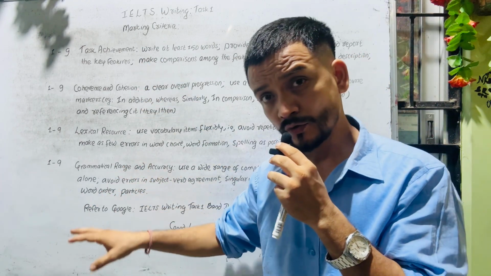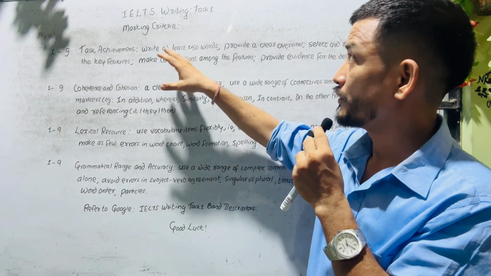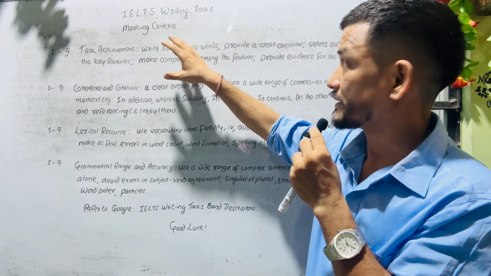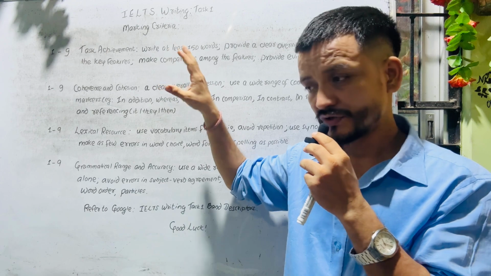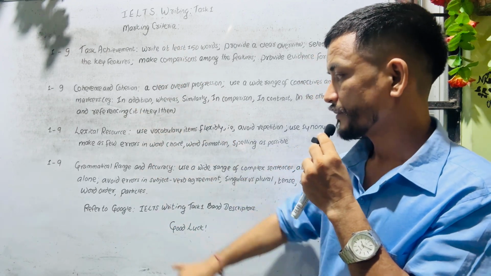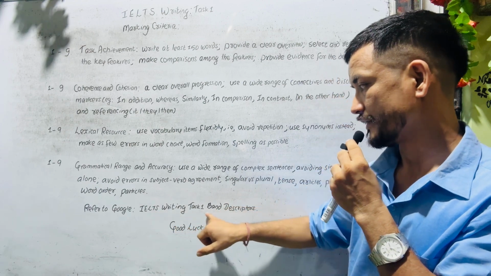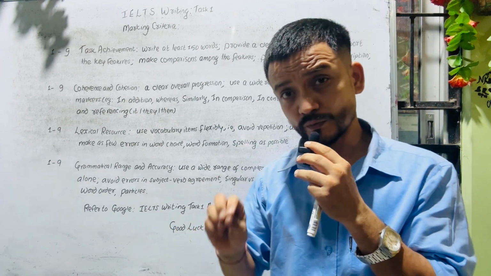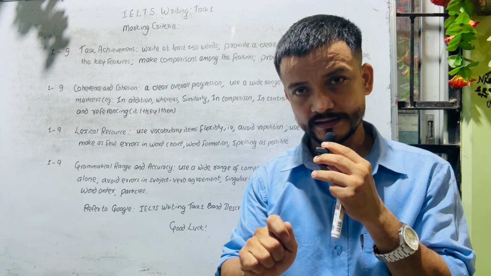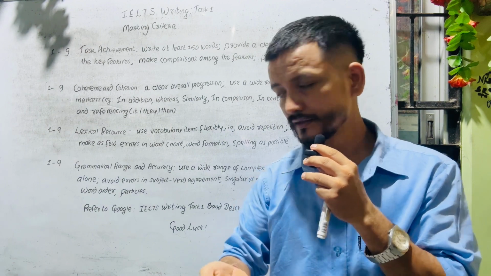So if you want to know more about how IELTS Writing Task 1 is judged or assessed, please refer to Google and type IELTS Writing Task 1 band descriptors, which is what the examiner has at his or her disposal.